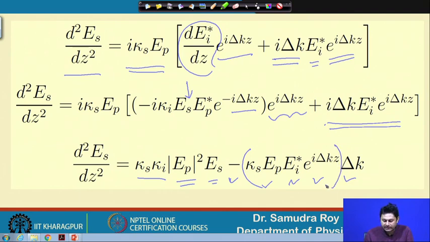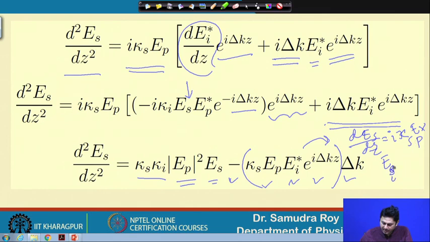Now, if I look carefully at this term, it is nothing but dE s by dz, because dE s by dz has an i. So, one i will be there, kappa s E p multiplied by E i star, and e to the power of i delta k z.